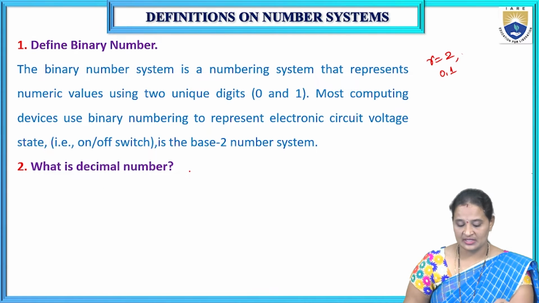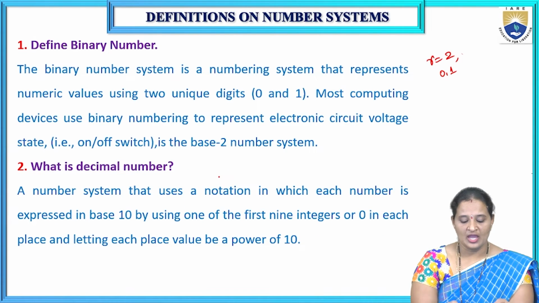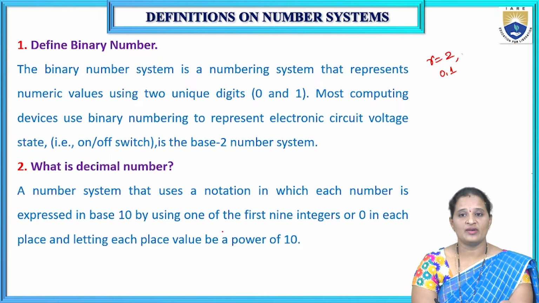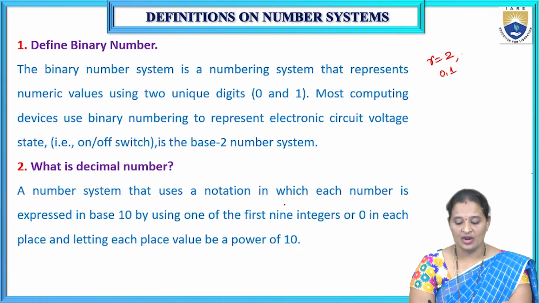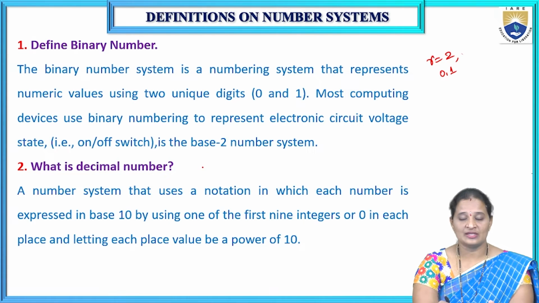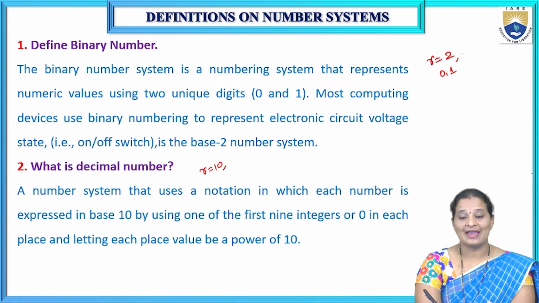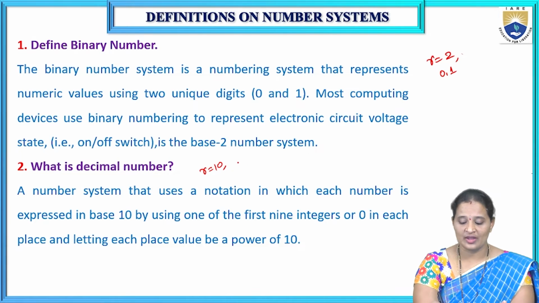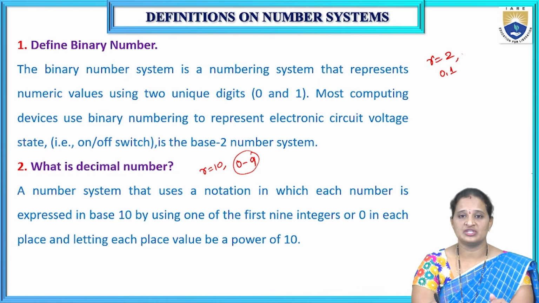The decimal number system is a system in which each number is expressed in base 10, using one of the first 9 integers or 0 in each place, with each place value being a power of 10. So the base or radix of the decimal number system is 10 and it allows 10 symbols, 0 to 9. Each digit in a decimal number will have its own positional weight, expressed in terms of powers of 10.